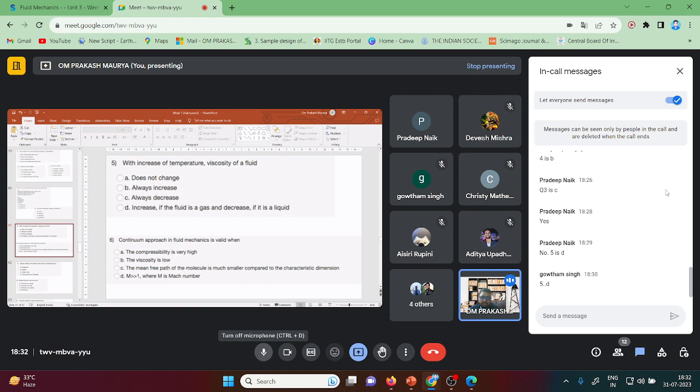I think sir was talking about the continuum approach in lecture number 2 or 3. Basically, fluid mechanics is based on the continuum approach.